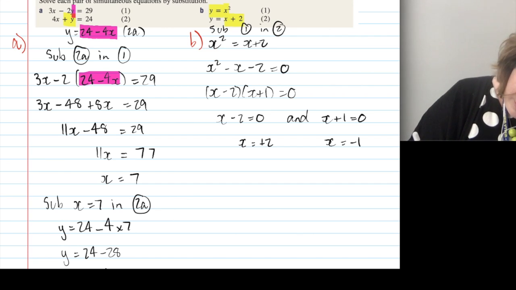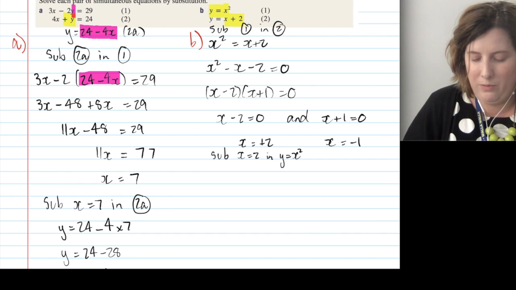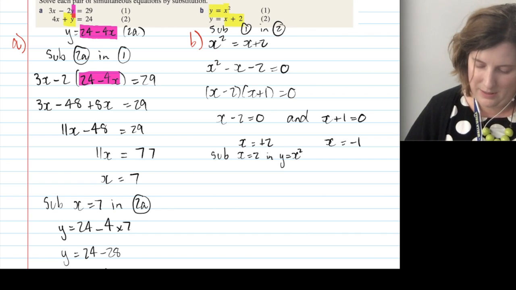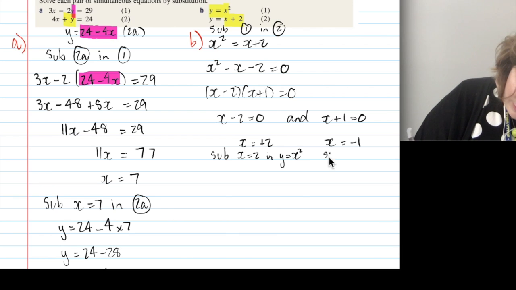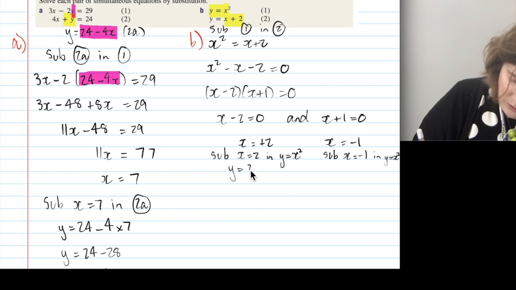So, sub x equals 2 in y equals x squared. We could do x equals 2 and y equals x squared, or x equals 2 and y equals x plus 2. We should get the same answer. And the next one, we're going to have to sub x equals minus 1 in y equals x squared. So positive 2 squared, y equals 2 squared is just 4.